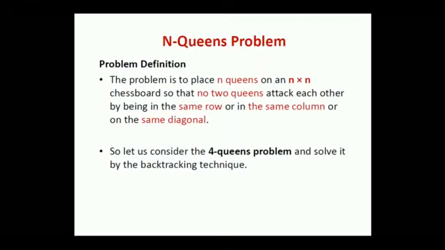For example, if n is equal to 1, then the problem has a trivial solution, and it is easy to see that there is no solution for n equal to 2 and n equal to 3. So therefore, let us consider a 4 queens problem and solve it by making use of the backtracking technique.